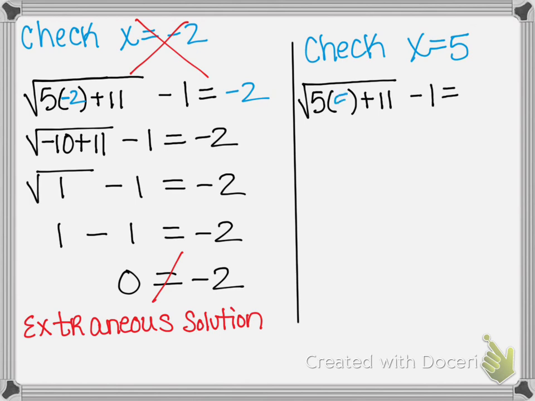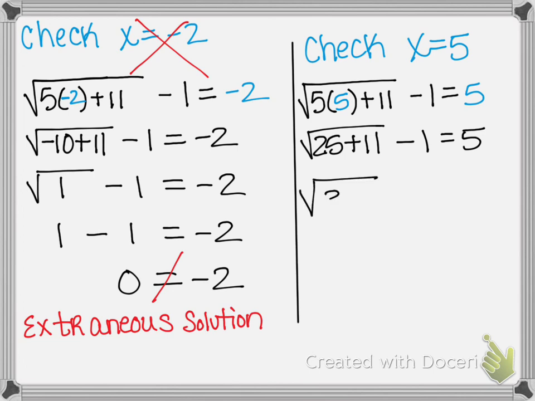So I'm replacing every occurrence of x with the number 5. All right, so now under my square root sign, I'm going to get 25 plus 11 and then minus 1, and that's supposed to equal 5. Well, 25 plus 11 under my square root sign is 36. So I get square root 36 minus 1 is supposed to equal 5.